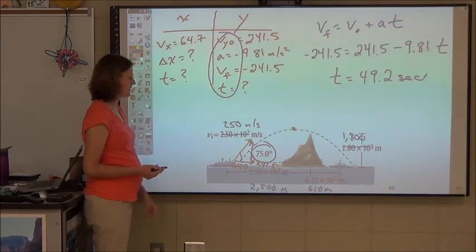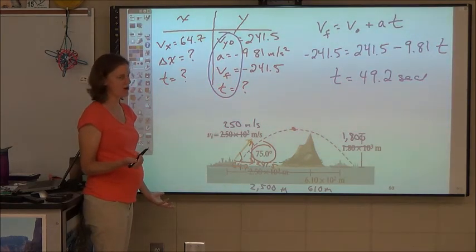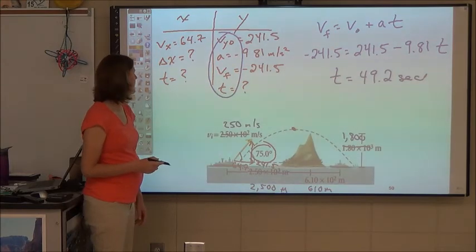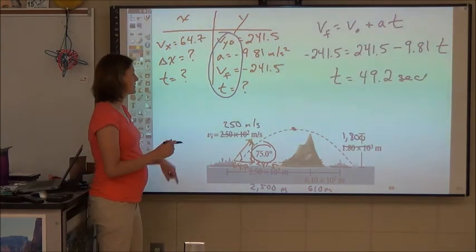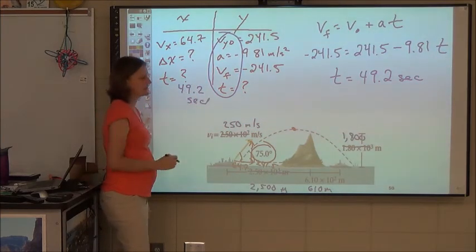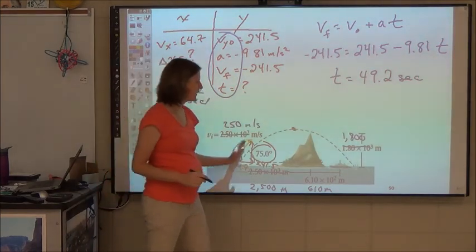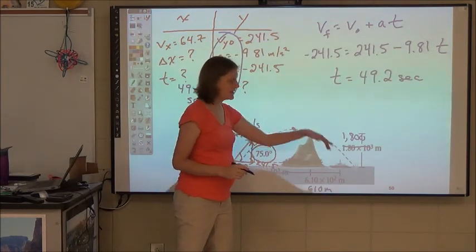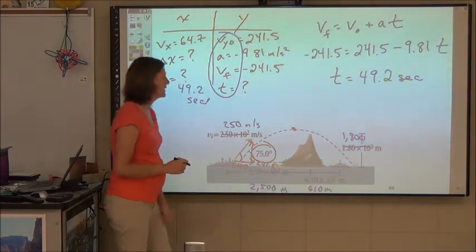Okay, now this is a missile, so it makes sense that it's a little bit longer than just something falling off the table. Now I can plug that into the x direction, and the same amount of time that it's traveling up and down, it is also traveling to the right.